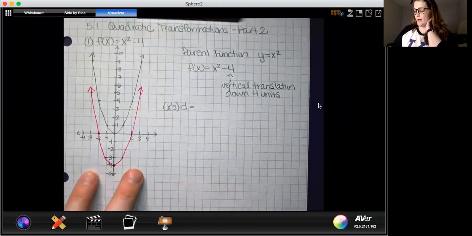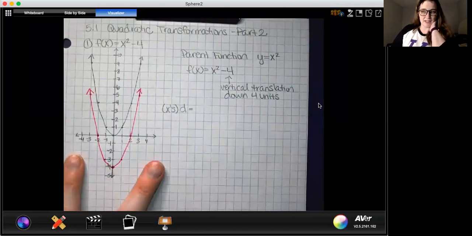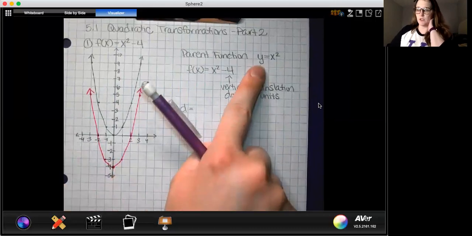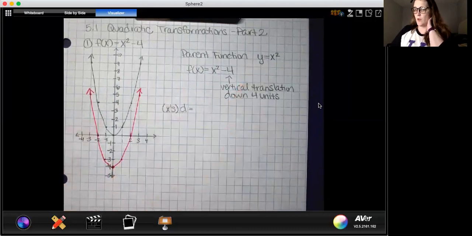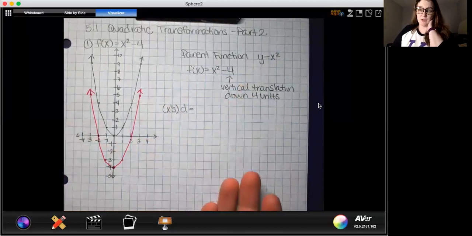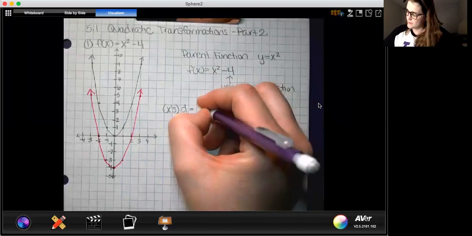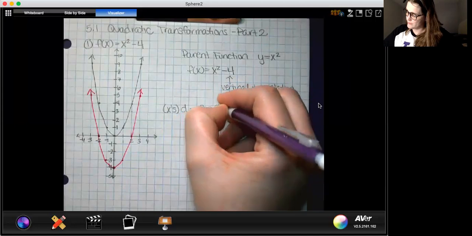So if we're thinking about our x values, is there ever going to be an x value that I can't use? Could I substitute in 10 for x? Could I do 12, 100, 10 million, negative 10 million? No, that means any number I could graph if I really wanted to keep graphing on my x values forever. So therefore, that means that my domain is all real numbers.